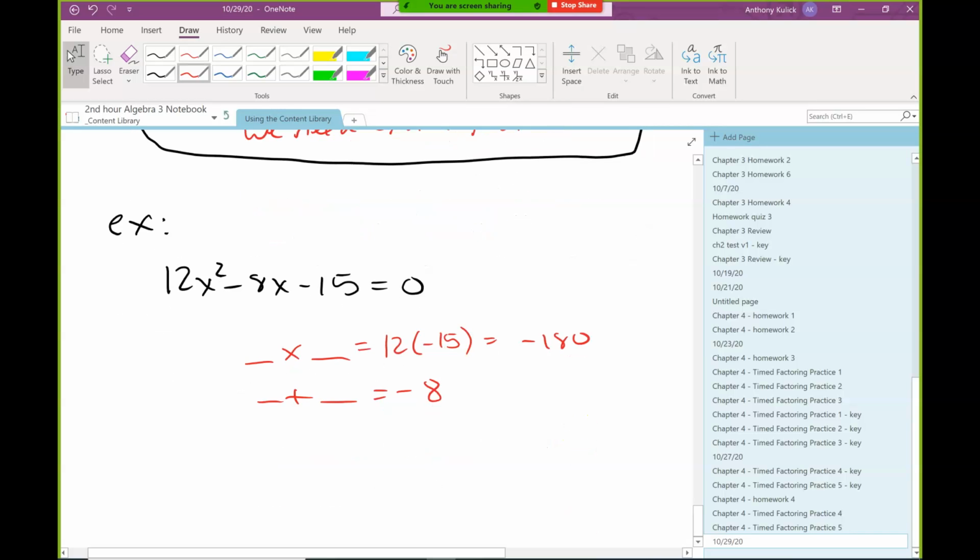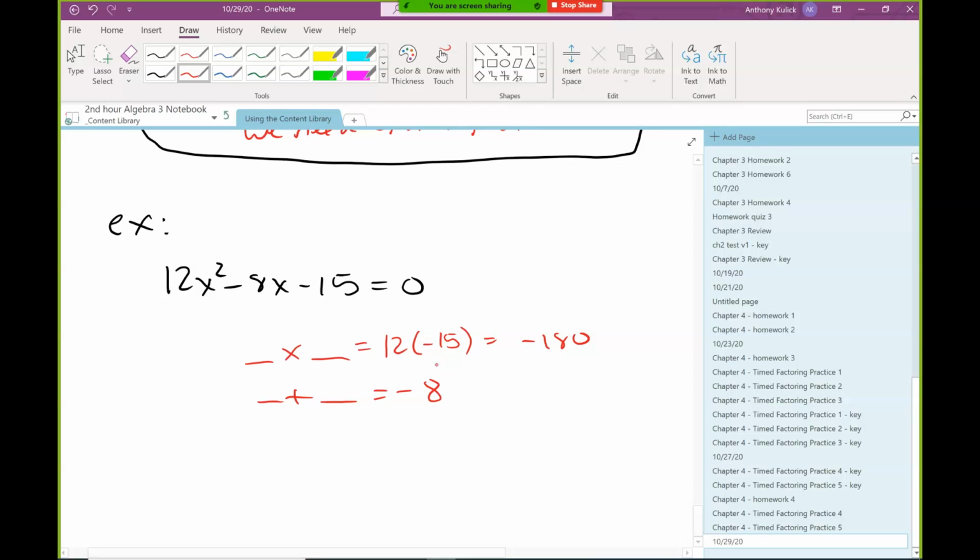Now this is a pretty easy pair of numbers to see if you look at it for a second. Does anybody see the pair of numbers that multiply to give us negative 180 and add to give us negative 8?